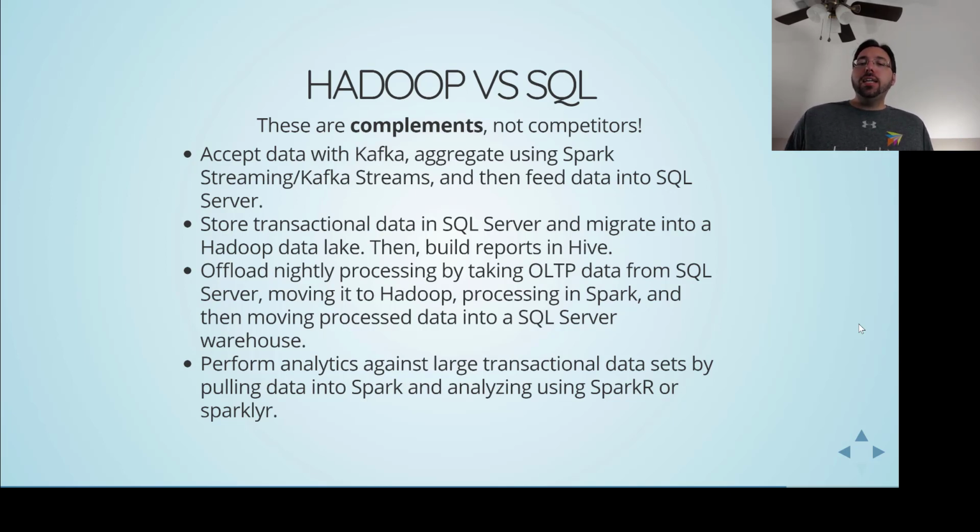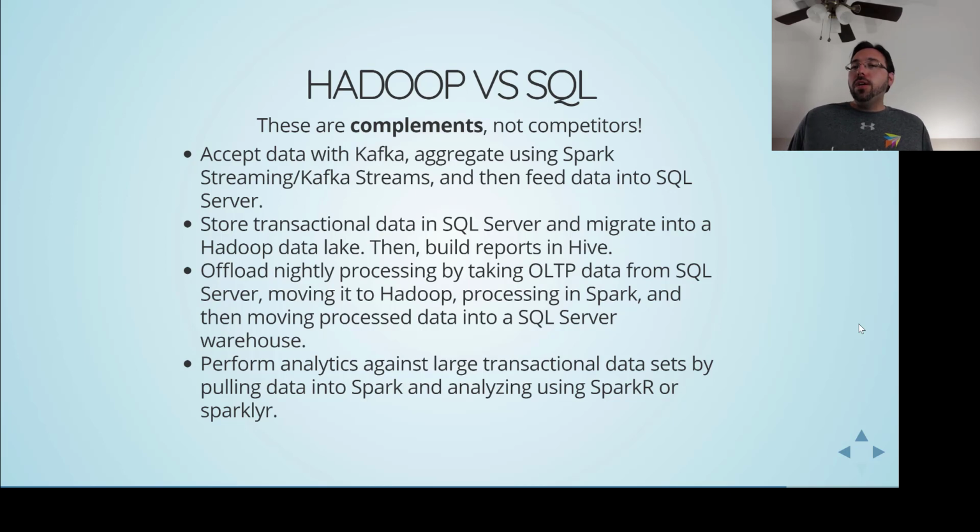Like you're taking data with Kafka, you're aggregating it with Spark streaming, and then you're feeding the data into SQL Server so that your UI developers can build components off of that data in SQL Server. Maybe you store the transactional data in SQL, and then you migrate it to a data lake in Hadoop and expose it using Hive.